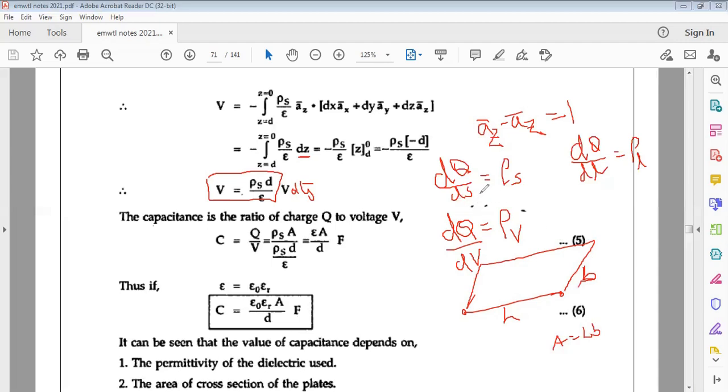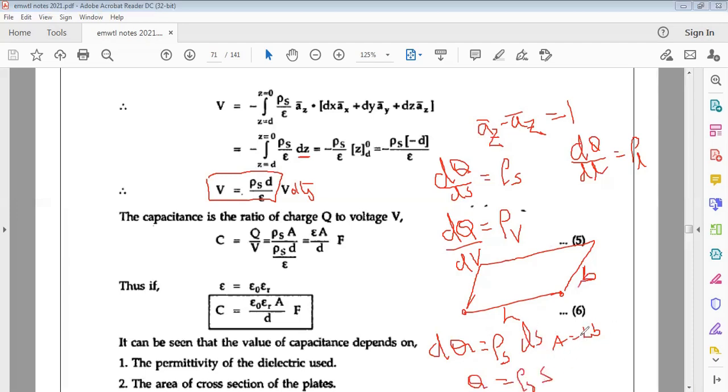Alright. So for the differential surface ds, dq by ds is equal to rho S, or dq is equal to rho S into ds. If I take the total, q is equal to rho S into S. What is that S?